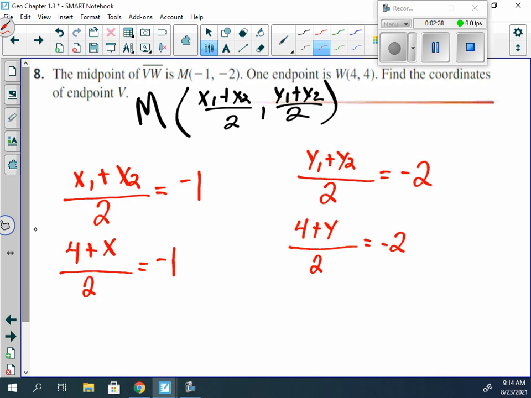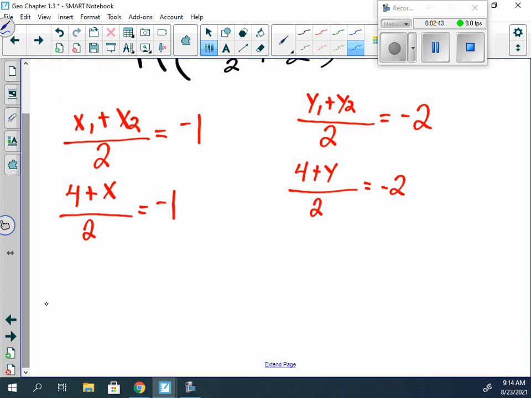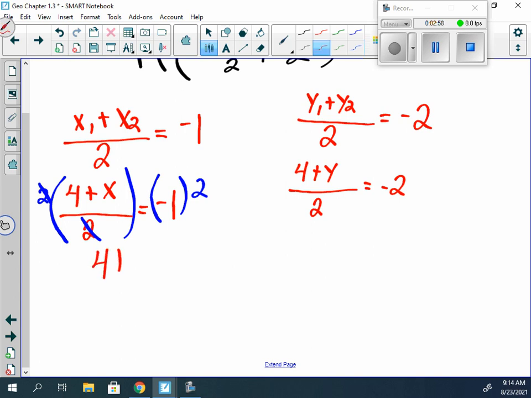So we'll solve for x first. What do we need to do first? Multiply both sides by 2, because our 2 and 2 here will cancel, leaving us with 4 plus x is equal to -2. -1 times 2 would be -2.